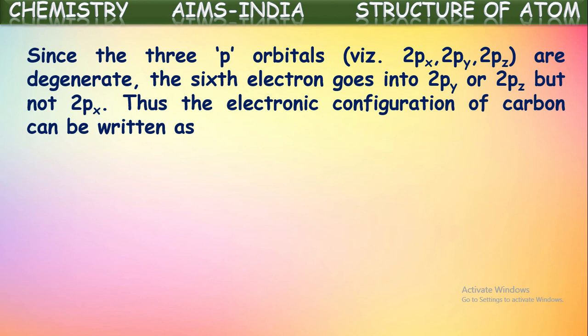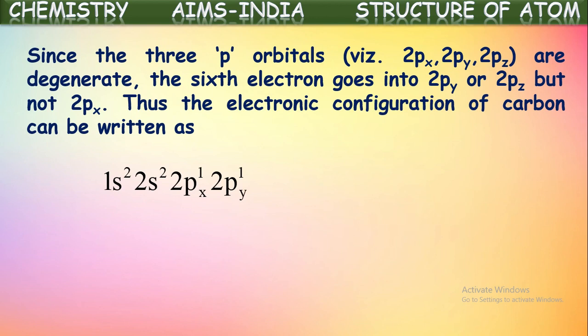So according to Hund's rule, this sixth electron, instead of being paired up with this fifth electron, will enter either 2py or 2pz, but not 2px. Thus, the electronic configuration of carbon can be written as 1s2, 2s2, 2px1, 2py1 and 2pz0.